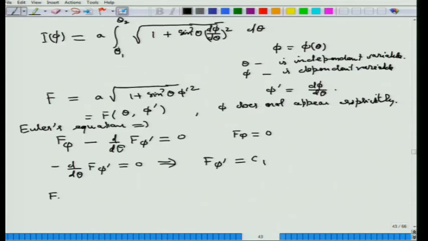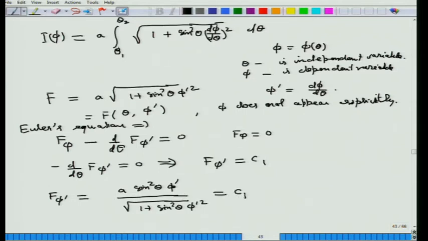Now, f phi prime in this case is a sin square theta phi prime over square root of 1 plus sin square theta phi prime square, and this is equal to C1.